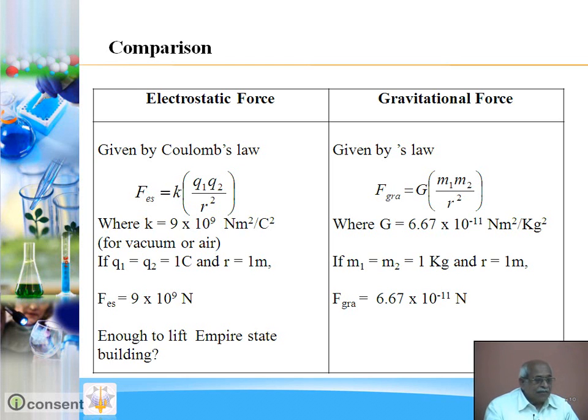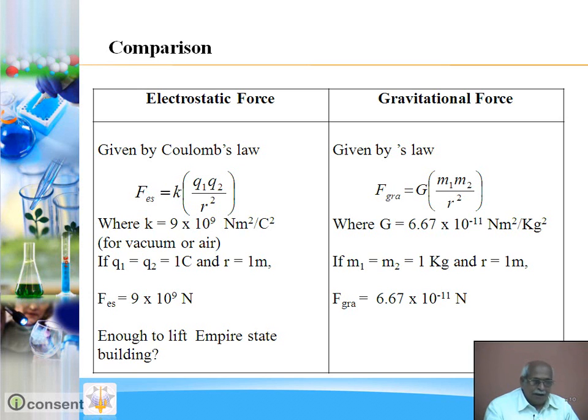G is called universal constant of gravitation. Its value is G equal to 6.67 into 10 raised to minus 11 SI unit Newton meter square per kilogram square.